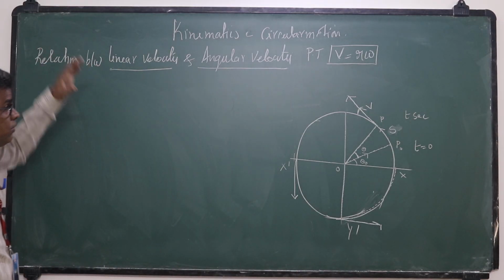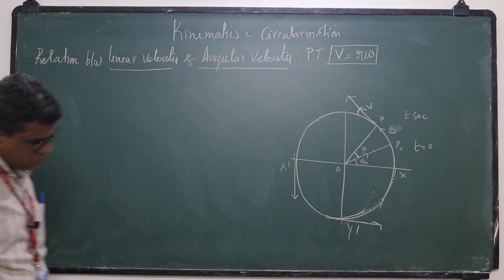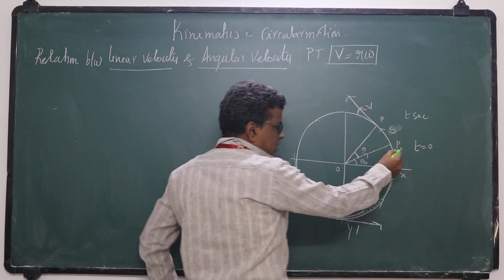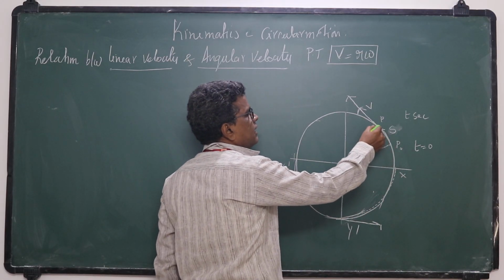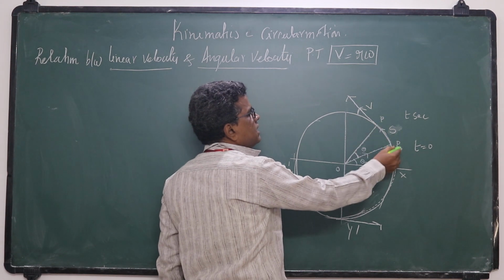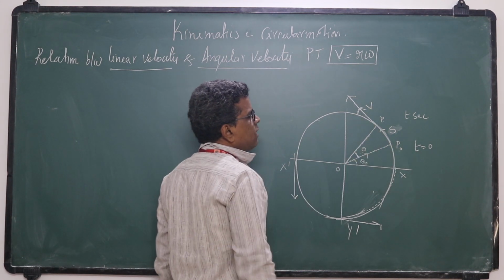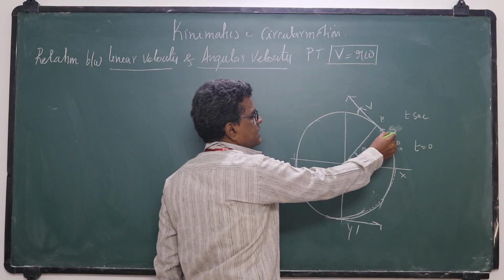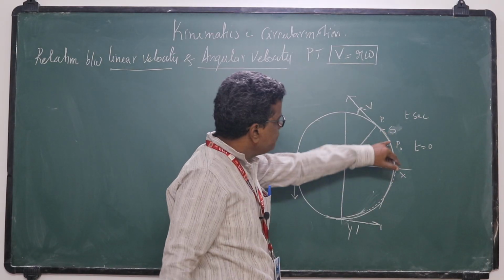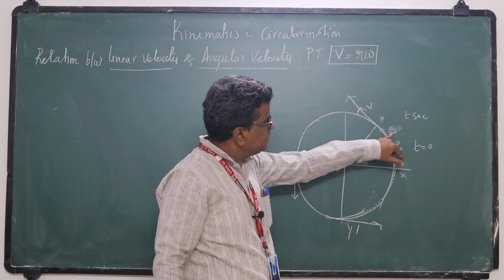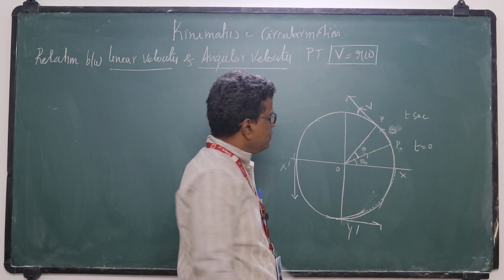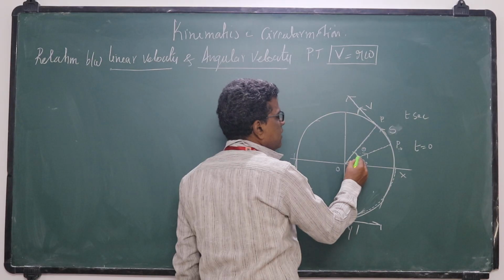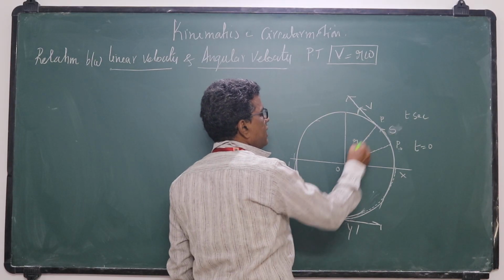How do you relate these two? I assumed that P0 is the initial position on the circle. P0 to P is the arc length, which I assumed as S. The rate of change of this distance we can call velocity. So how are S, theta and R related?